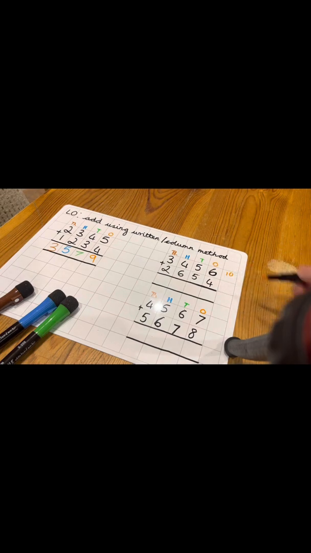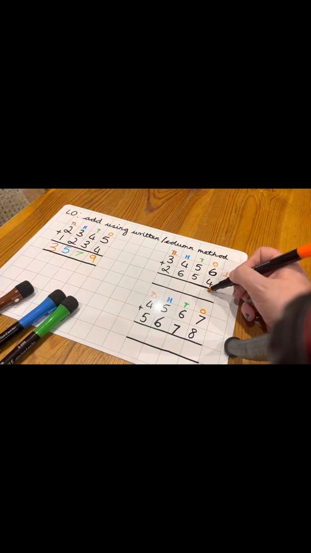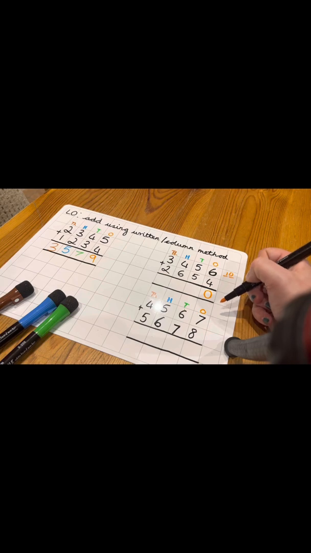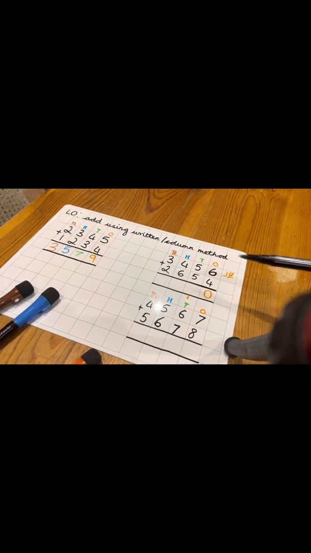Now, as a reminder, of course, that is in the ones column and that is in the tens, which means we have to be careful where we're going to put our numbers now. So our 0 is going to go here and the 1 is going to go there. Let's move on now to the next stage, our tens column.